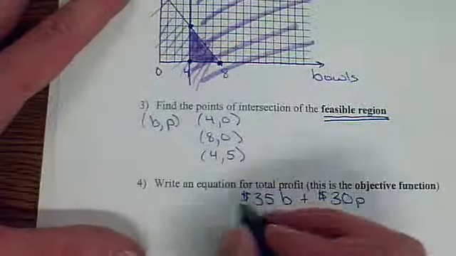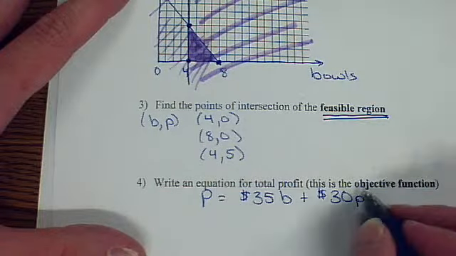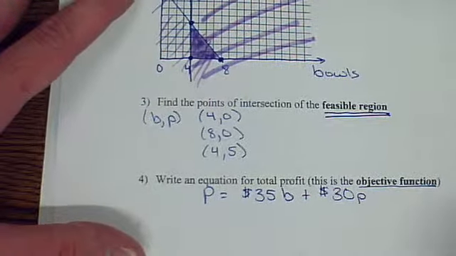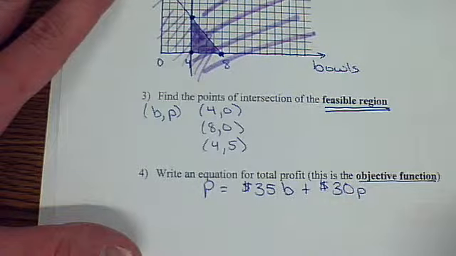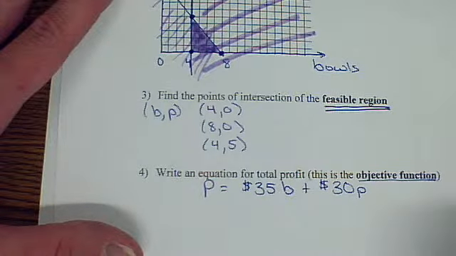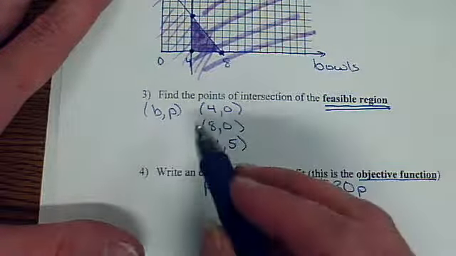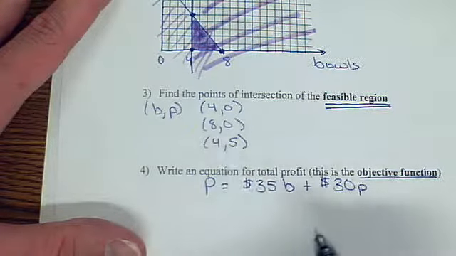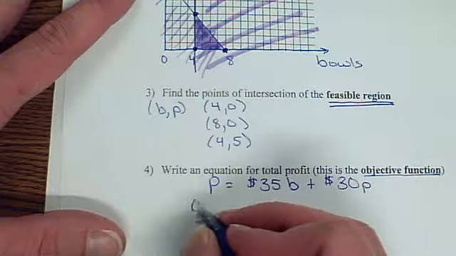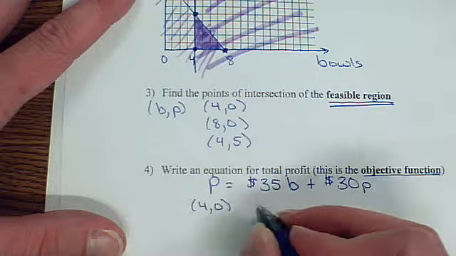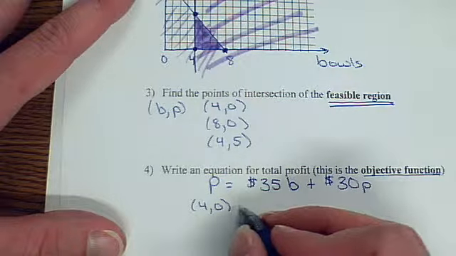That is my profit function. That's my objective function. This is what I'm really looking at. I'm wanting to look at my profit and maximize it. Now, to maximize it, it's going to be at one of these 3 places. So I need to plug in each of those points and figure out what the profit is for each point.